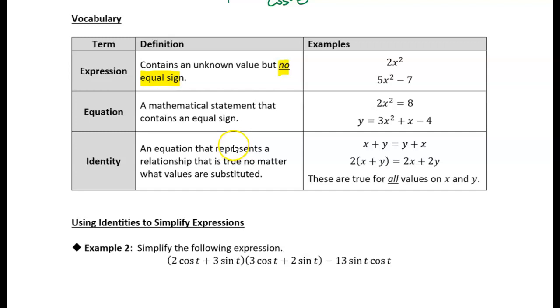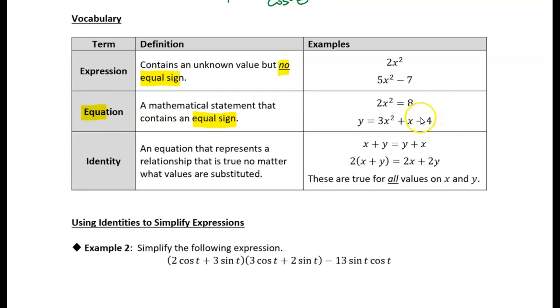An equation has an equal sign, which makes sense because it says equation. So any mathematical statement that contains an equal sign is an equation. Now, an identity is a special kind of equation. With an equation, usually we're looking to solve for x.